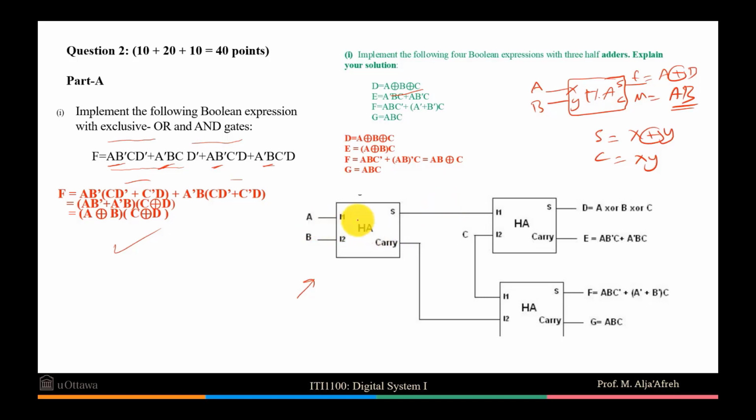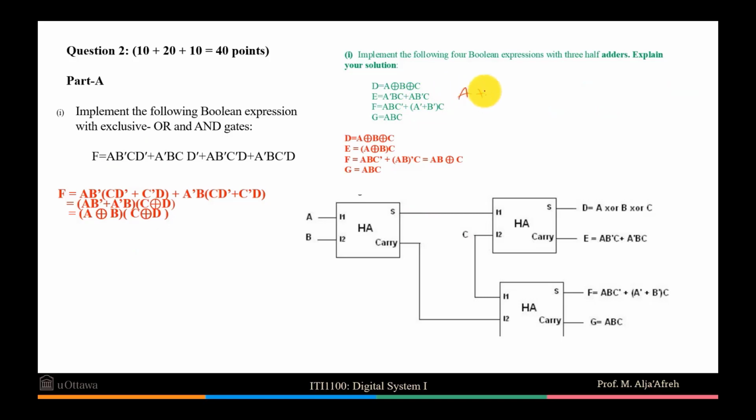So this will give you A XOR B, and then between these 2 operands, this sum is going to be A XOR B XOR C. Now, in order to implement this one, E, which is A prime BC plus AB prime C, that is equal, if I take C as a common factor, to A XOR B, with C. So basically, that means I'm going to AND C with the sum from the first adder, and that's why I needed to connect it here. That is how I'm going to do it.